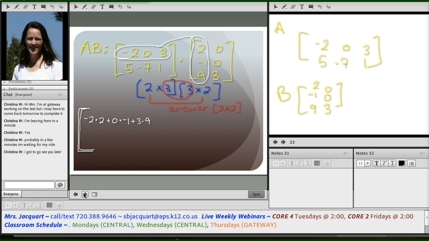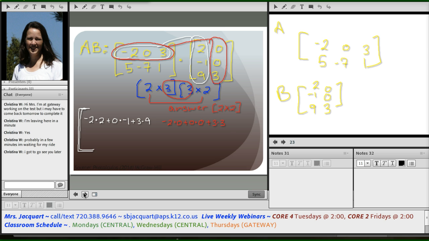My second entry is going to be row 1 times column 2. So I get -2 times 0 plus 0 times 0 plus 3 times 3.